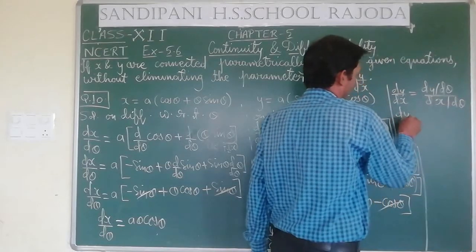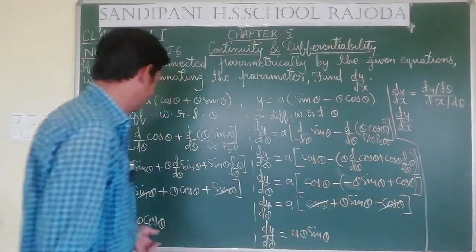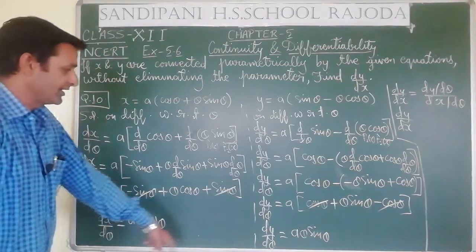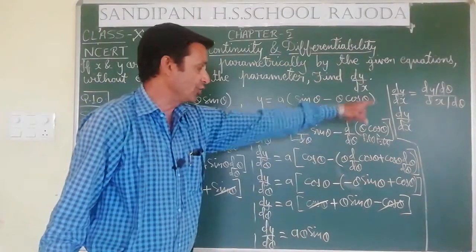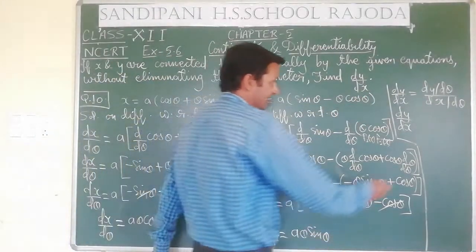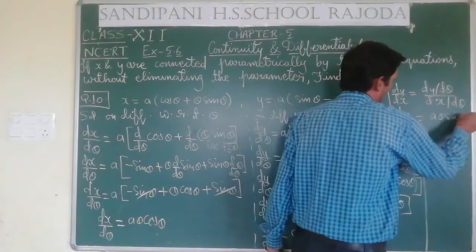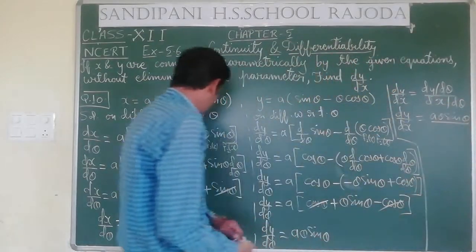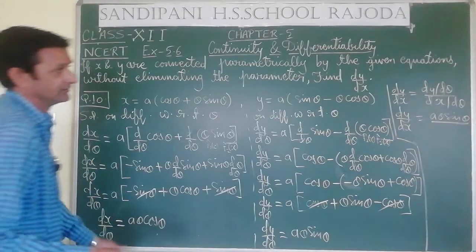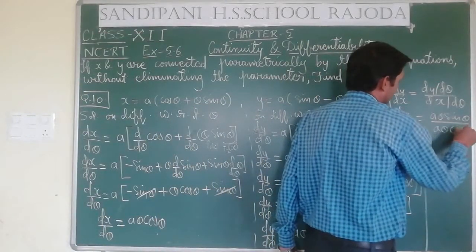Now we have to put these values which we have got. This is dx by d theta and this one is dy by d theta. In the numerator there is dy by d theta, so we put this value a theta sin theta, upon the dx by d theta value, which is a theta cos theta.